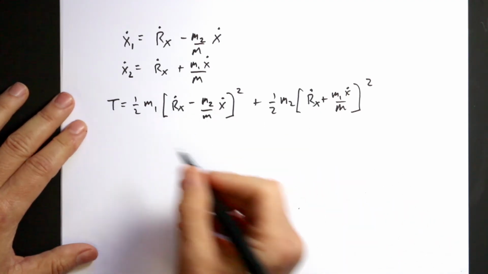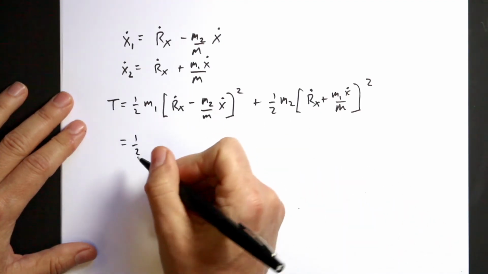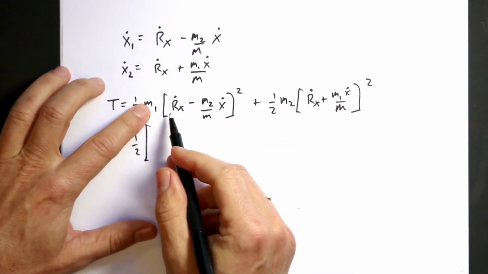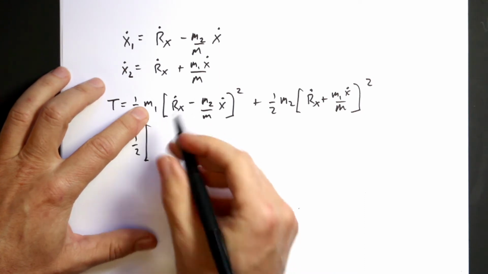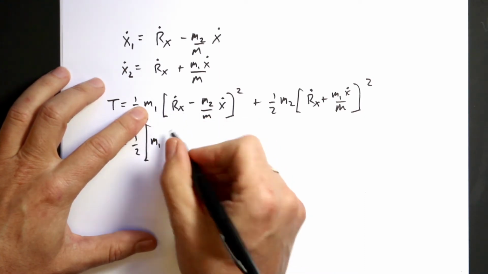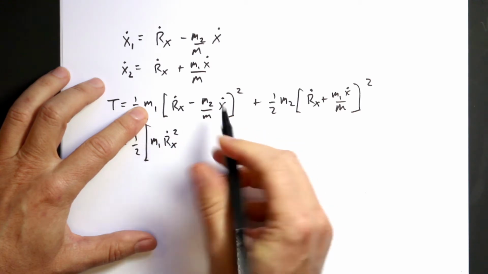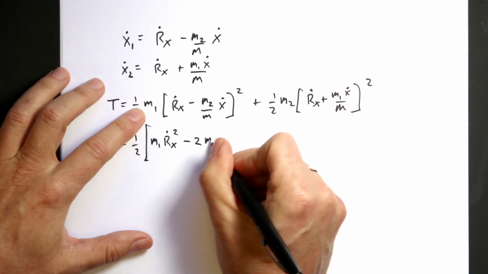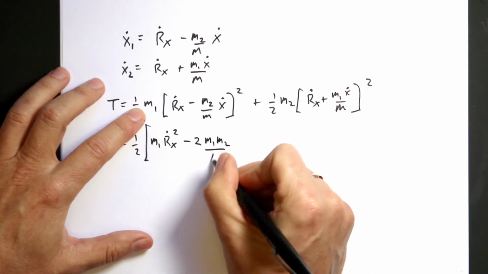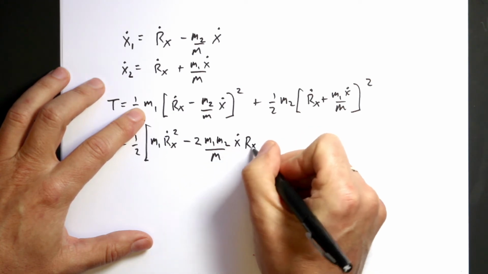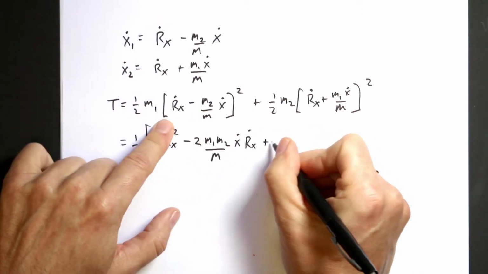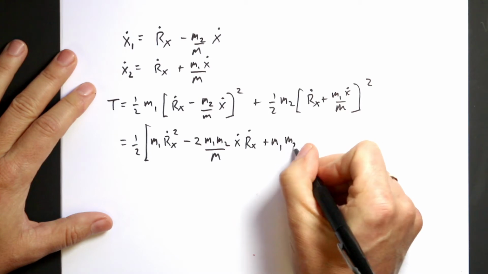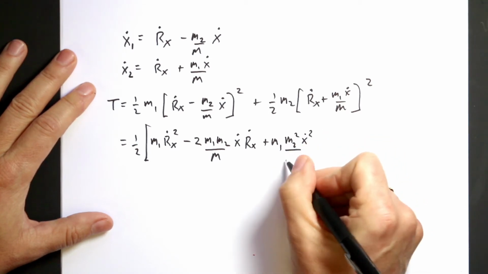Now I have to complete the square, so I have 1/2. I'm going to put the 1/2 out front. So I get, I'm going to do this in as short of a space as possible, m1 times Rx dot squared, and then I'm going to get two of these terms with an m1, so I get minus 2 m1 m2 over M x dot Rx dot, and then I get m1 times this squared, so it's going to be positive, so I get m2 squared x dot squared over M squared.